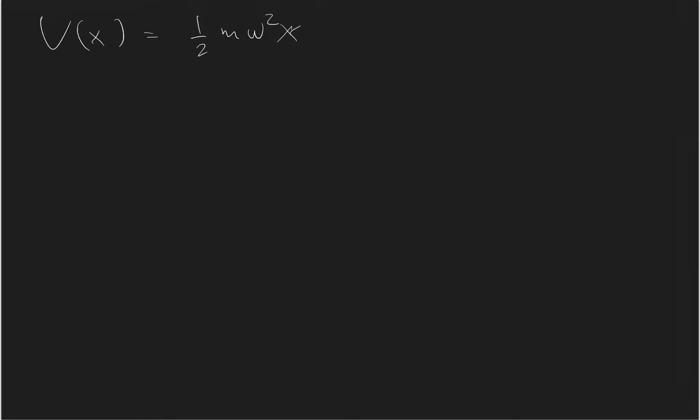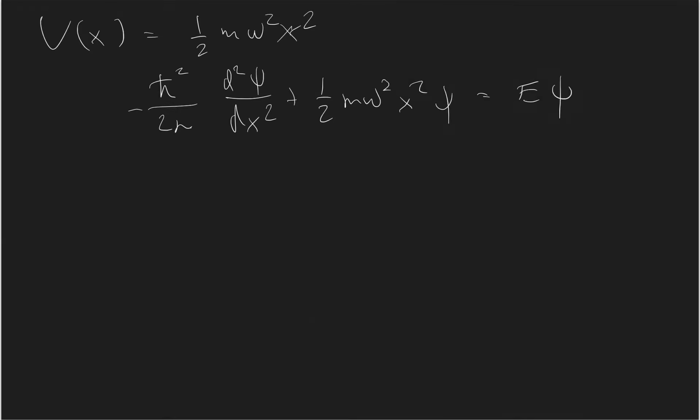If we had some one-half m omega squared times the square of the coordinate, that's its potential, and so this would give us, of course, the Schrodinger equation, which should look like negative h bar squared over 2m times the one-dimensional Schrodinger equation here, plus one-half m omega squared x squared, times psi is equal to the energy eigenvalues, because we're in a stationary state, okay?